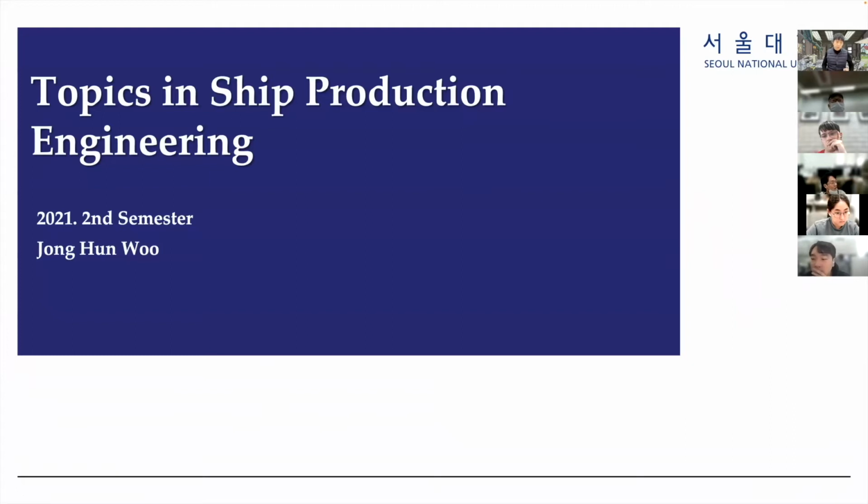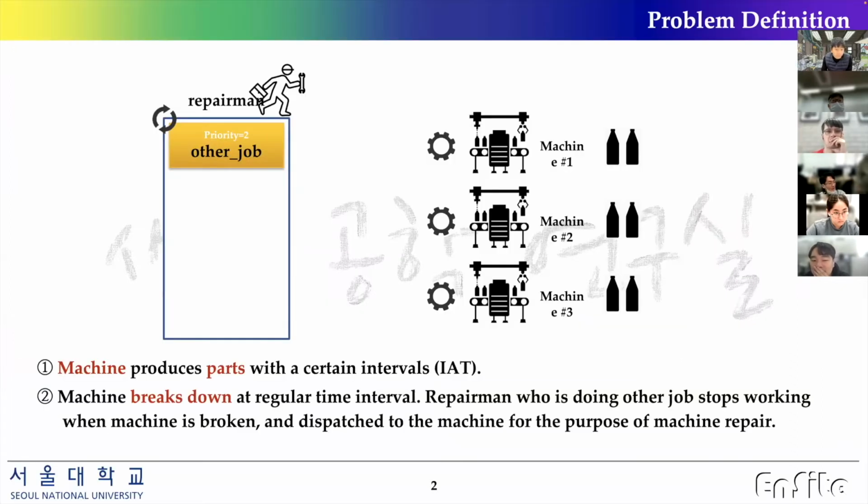Today's example is titled the machine shop. This example comprises a workshop with a number of identical machines, and the same jobs are arriving with a given inter-arrival time.